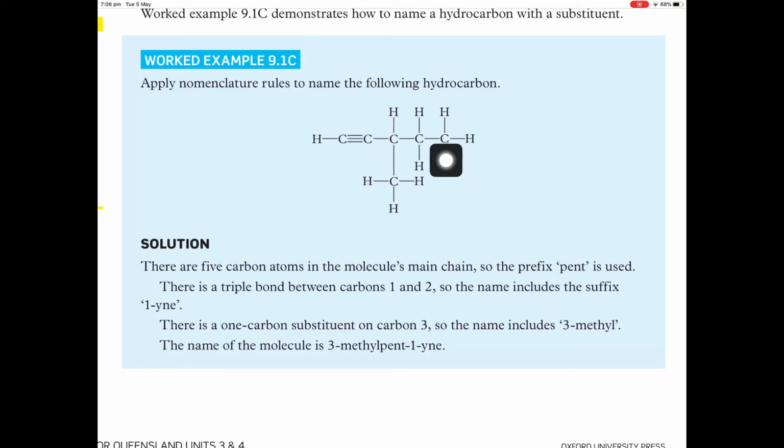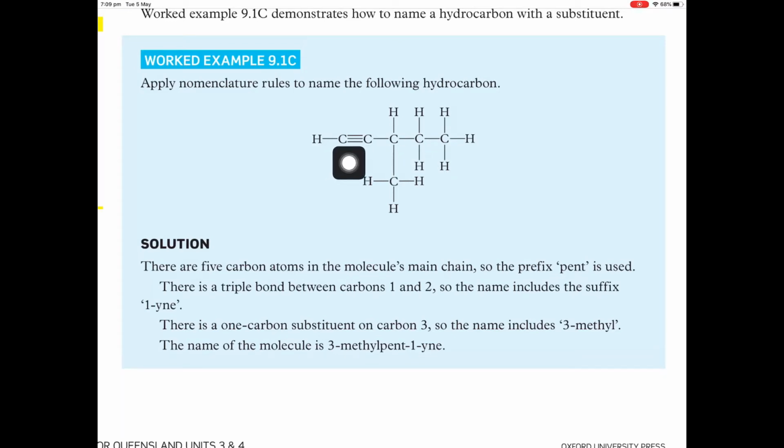The prefix pent must be used. It's got a triple bond between carbons 1 and 2, so the name indicates the suffix -yne at the end somewhere. And it's a 1-yne because, as we discussed before, do we number the parent chain 1 to 5 this way, or 1 to 5 that way, from left to right or from right to left?